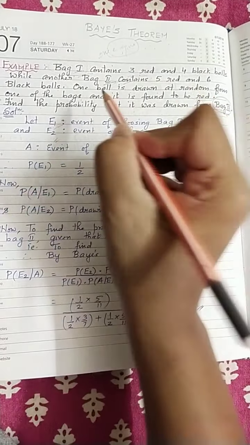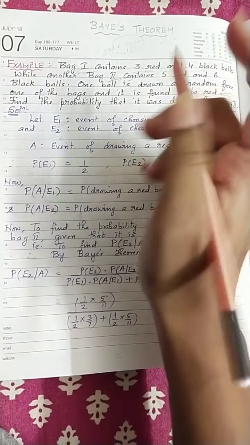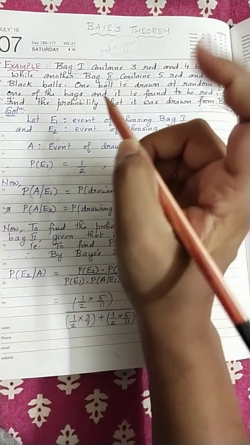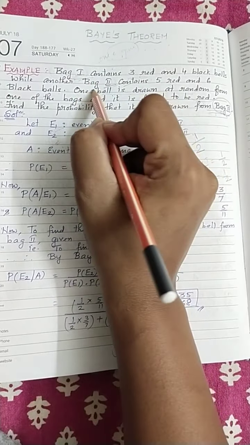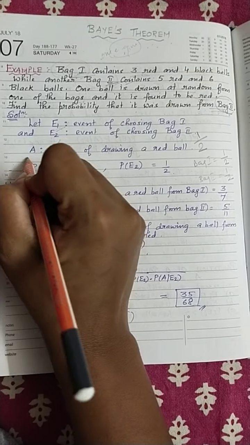This event can occur either in bag 1 or in bag 2. We don't know. That means this particular event is a common event for both bag 1 and bag 2. So that common event you have to give a name, say A.